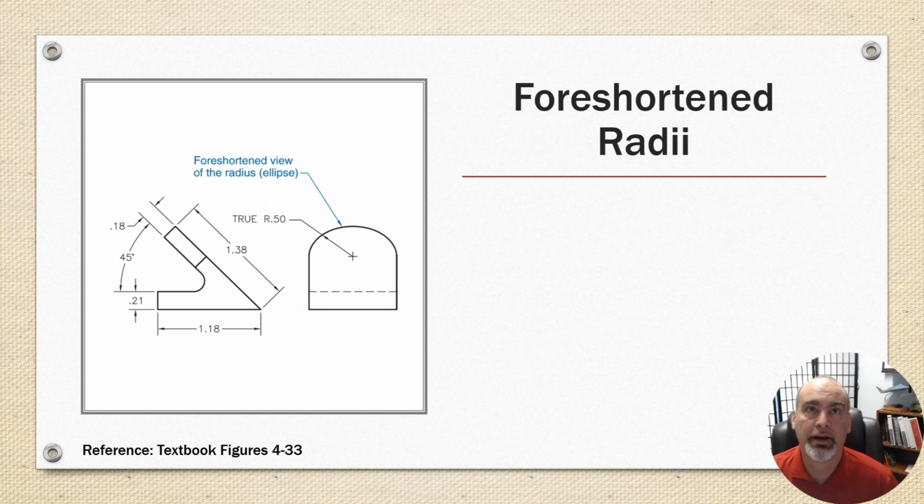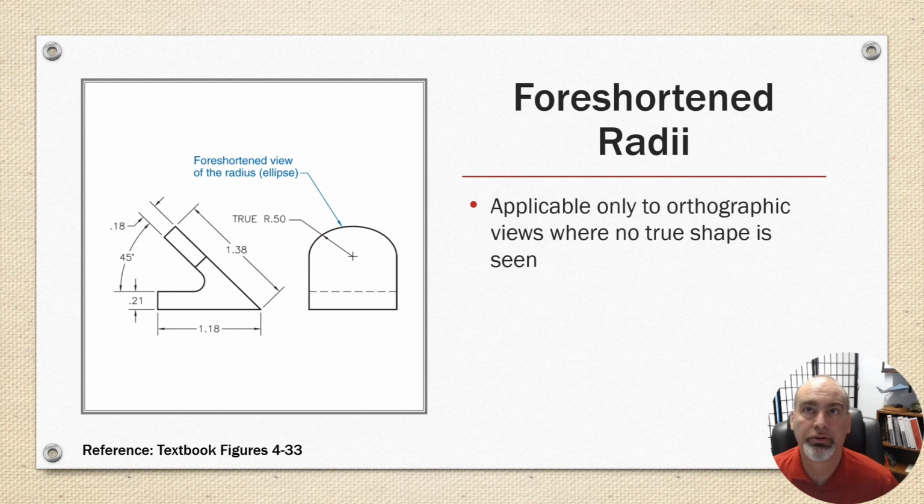Okay, foreshortened radii. This is applicable only to orthographic views where there's no true shape seen. So in the example on the left, you're looking at a half-inch radius, or .500 radius, but it's on an angled surface, so you're not looking straight on at the arc. The view is actually going to show somewhat of an ellipse.